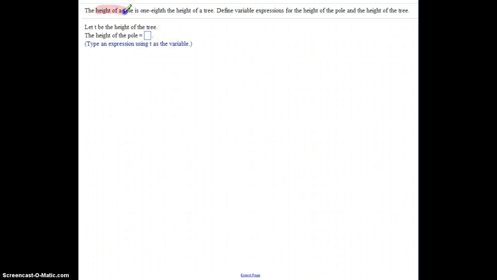Okay, it says the height of a pole is 1/8 the height of a tree. Define the variable expression for the height of the pole and the height of the tree. And it starts out and says let t be the height of the tree. So really what they're telling you in this one is that you have some tree.